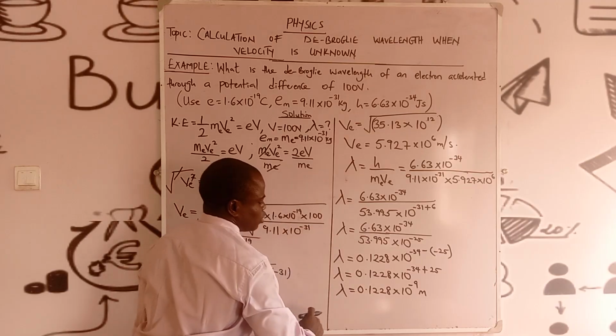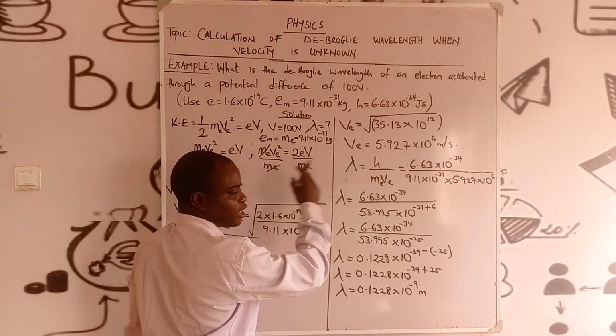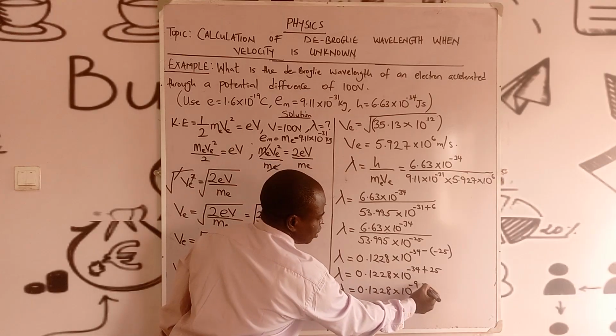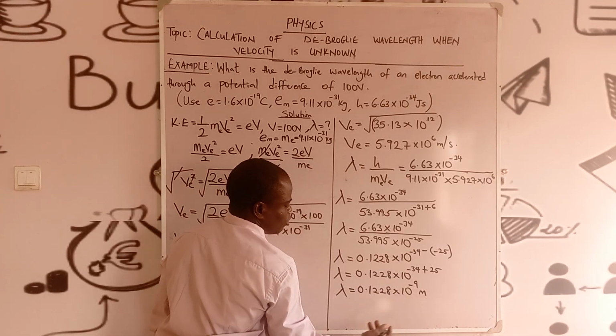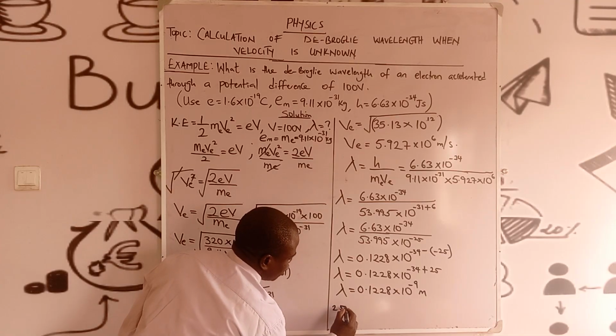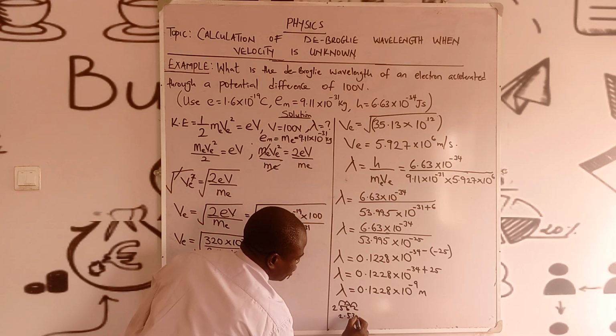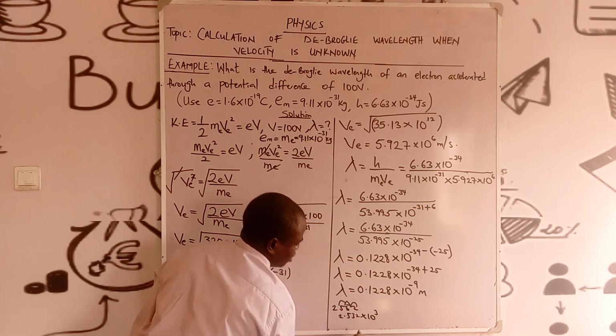Now when you are shifting the decimal point from the left-hand side to the right-hand side, you will be introducing a negative at the power. But if you are moving from right to left, say you have 2, 5, 5, 2 and you shift like this, 1, 2, 3, it will now be 2.532 times 10 to the power 3.